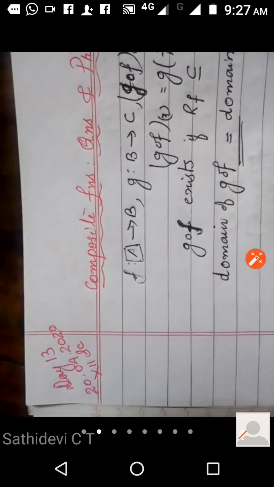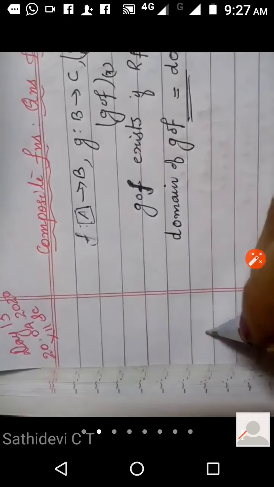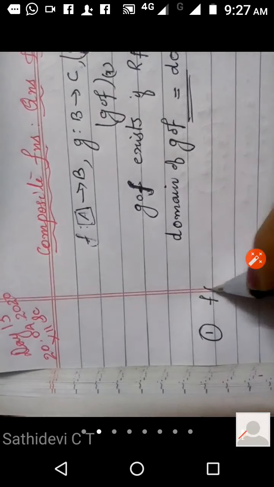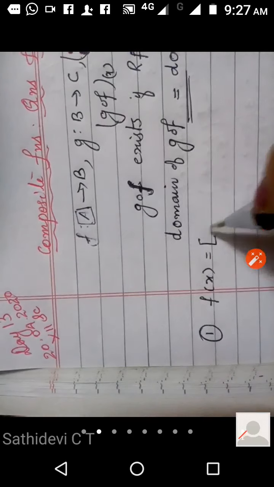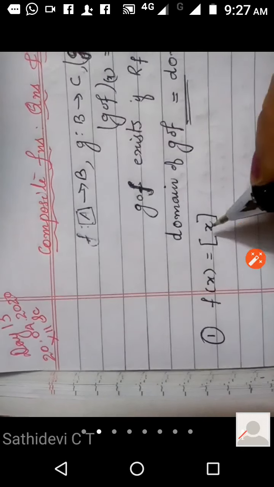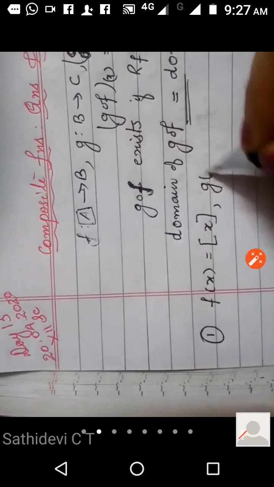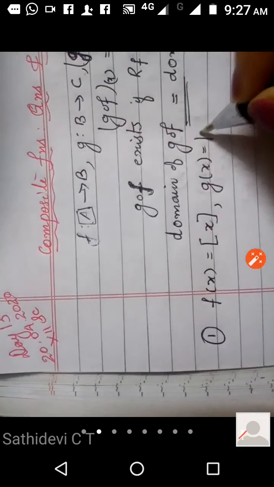And a few questions we did, and today we will be doing another question, one more example. Define F of X as the greatest integer function X and G of X as the modulus function.